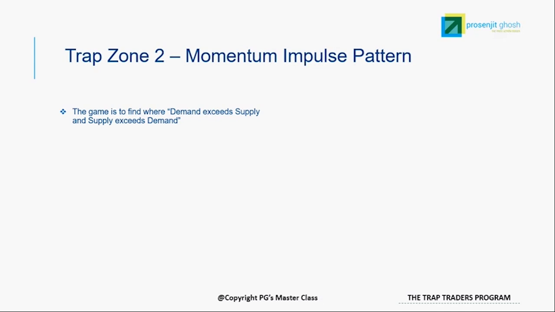Okay. So let us start today's session. It is about momentum impulse pattern. So as I said, in a price action strategy, the game is to find where demand exceeds supply and supply exceeds demand. So this is the thing we need to always look for.